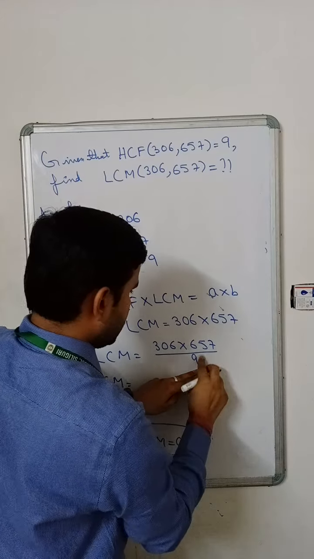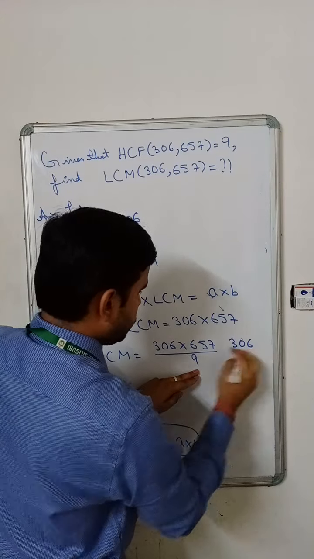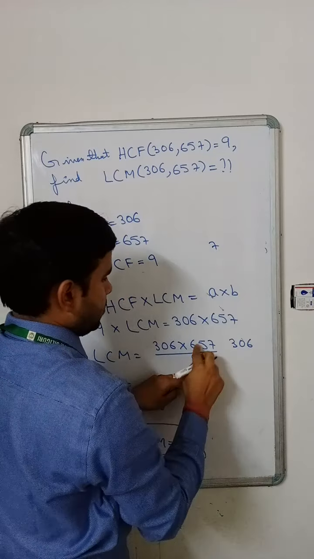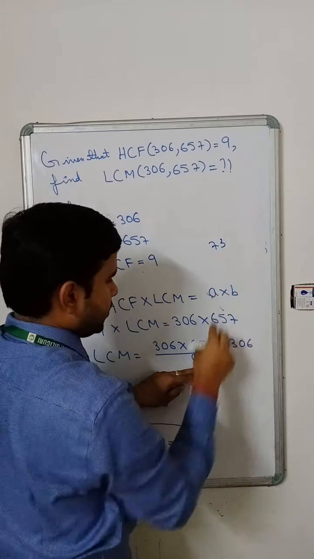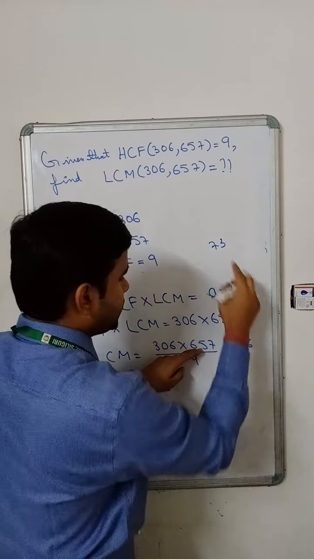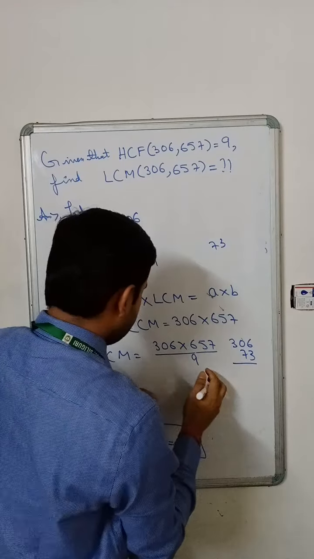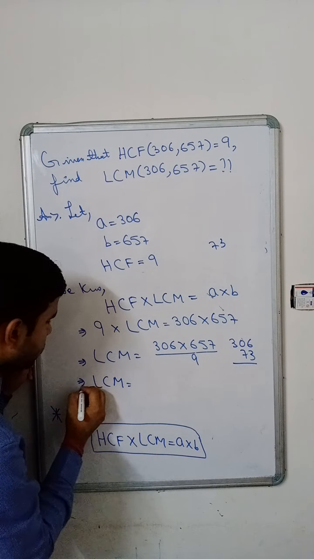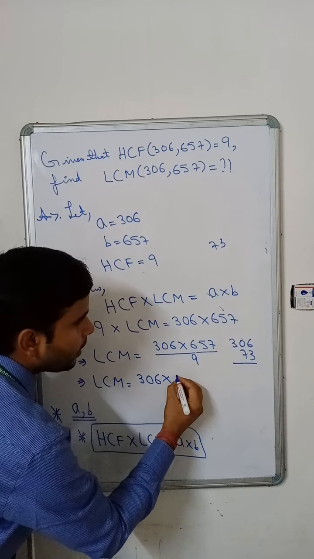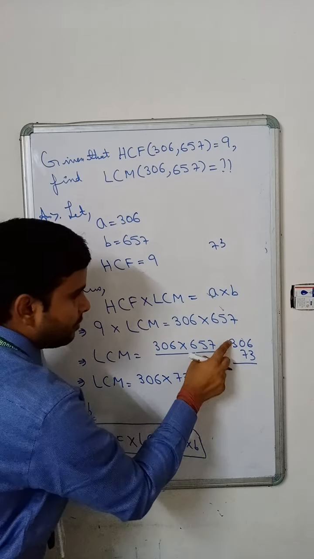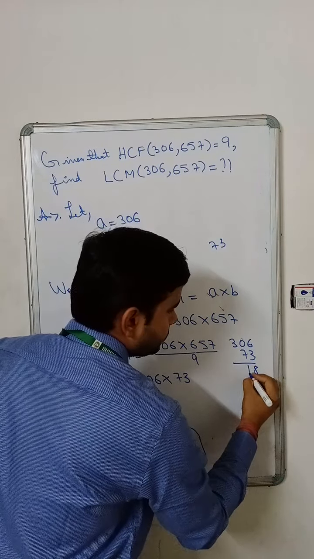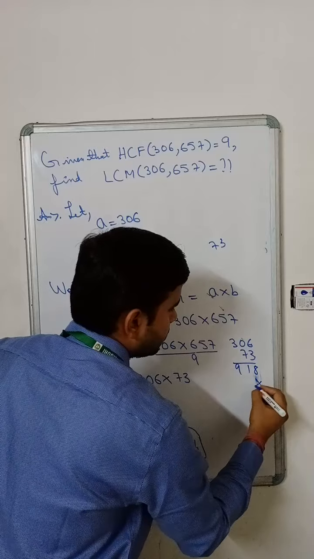So we have 306 into, it will be simplified and it can be written as 73. Just note down 9 7s are 63 and 9 3s are 27, 73. Now let us multiply. If you simplify this, we have 306 into 73, and if you multiply, we have 3 6s are 18, 3 3s are 9.